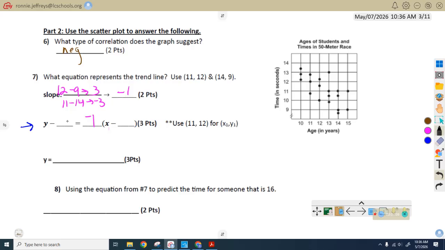You get 3 points just for plugging this in correctly, even if you get the slope wrong. Okay, so if you get the slope wrong, yes, everything else is technically wrong, but if you do it correctly with the wrong slope, you still get the points.